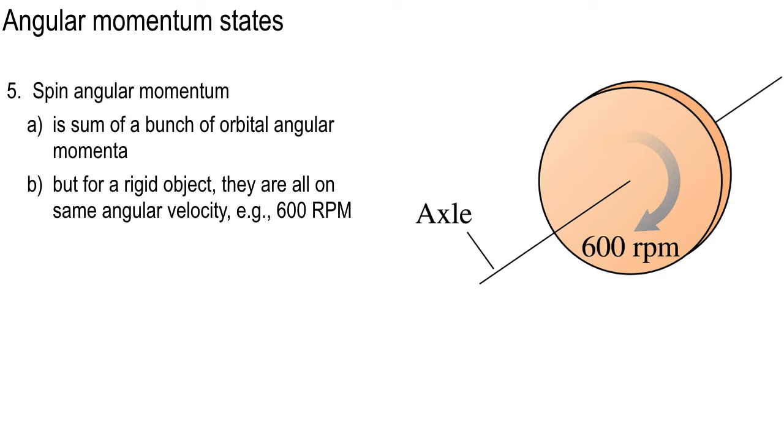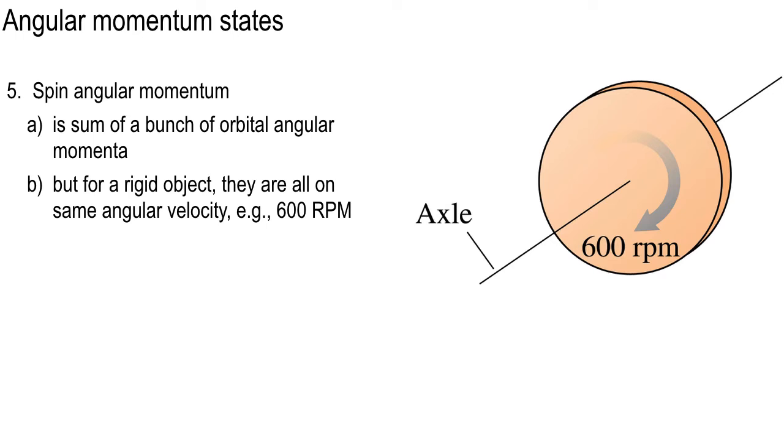But if you do have a rigid object like this disk, everything has the same angular velocity. It has the same number of RPMs. So it might be spinning at 600 RPMs. But depending on how close you are to the spin axis, you might have a lot of orbital speed. Your V might be big if you're far out, and it might be small if you're in close.